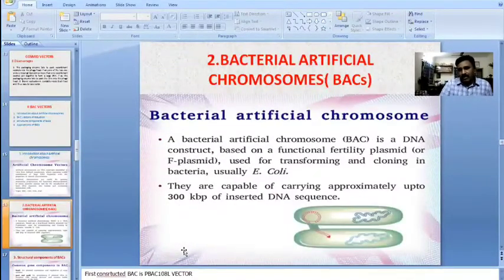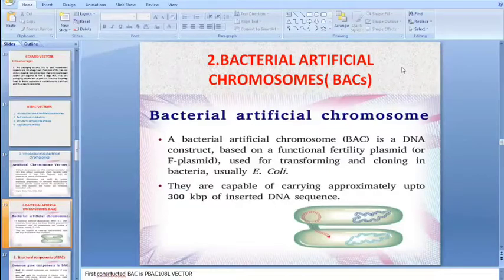This is the first one, bacterial artificial chromosome. BAC is the abbreviation of bacterial artificial chromosomes. What are BACs?